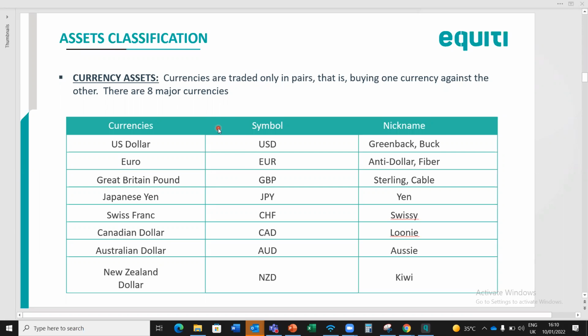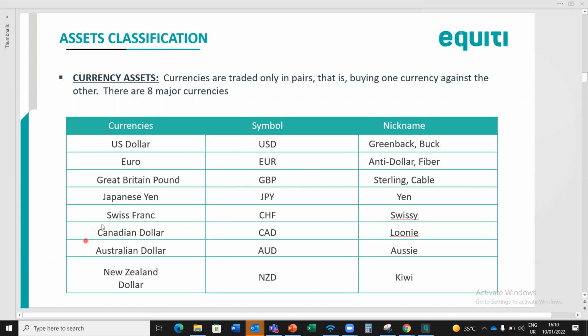So what are those 8 major currencies? We will quickly delve into that. We have the United States dollar. The symbol is the USD, and of course it has the nickname which is popular as buck or greenback. Then we have the euro, which is the EUR. It is popularly known as the fiber. We have the Great Britain pound, which is the GBP, popularly known as sterling or cable.